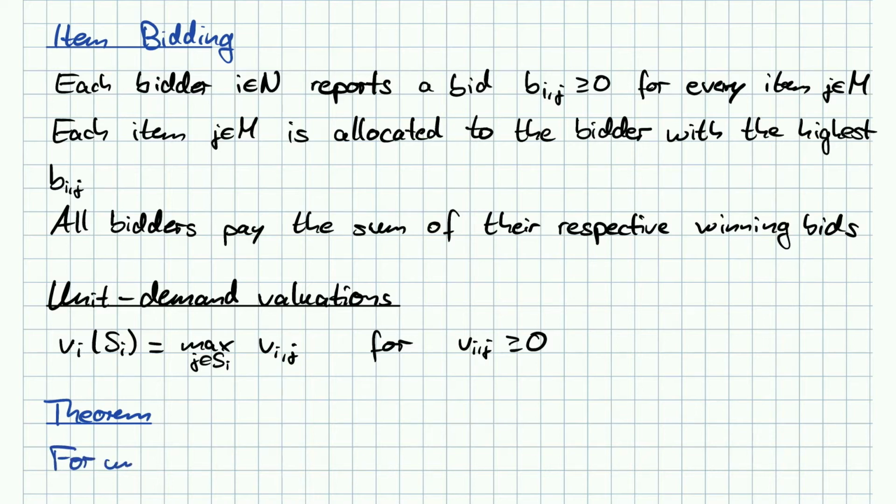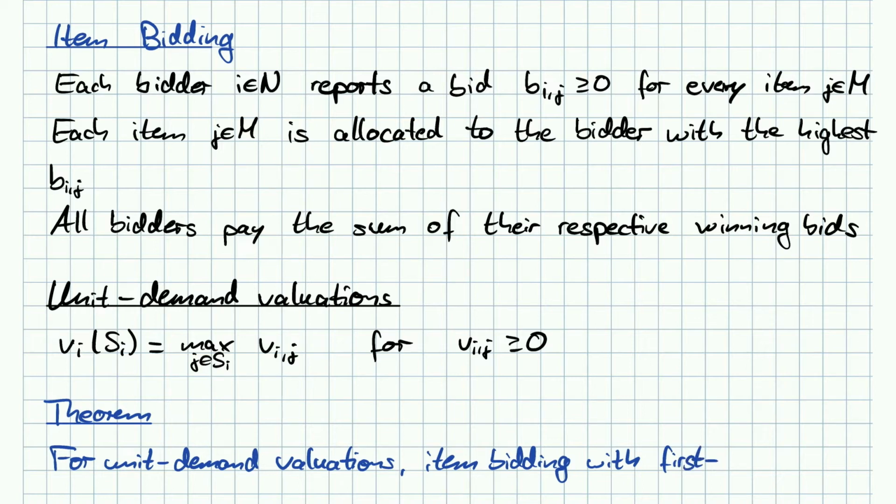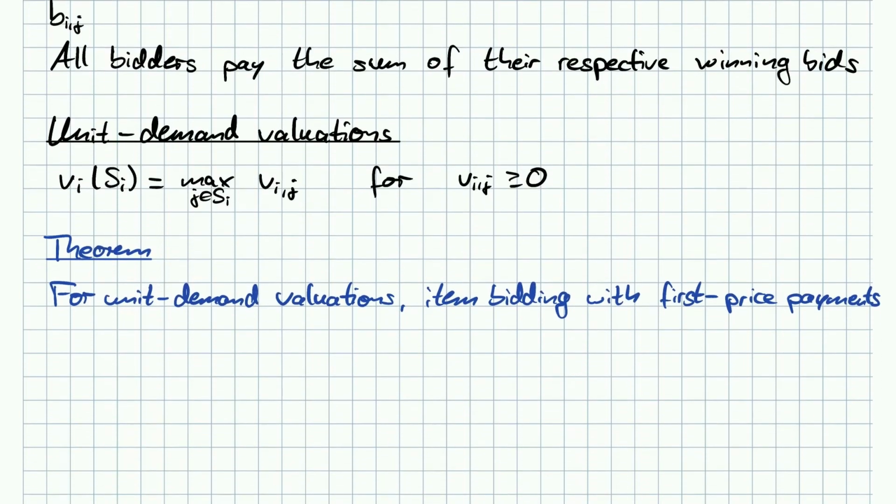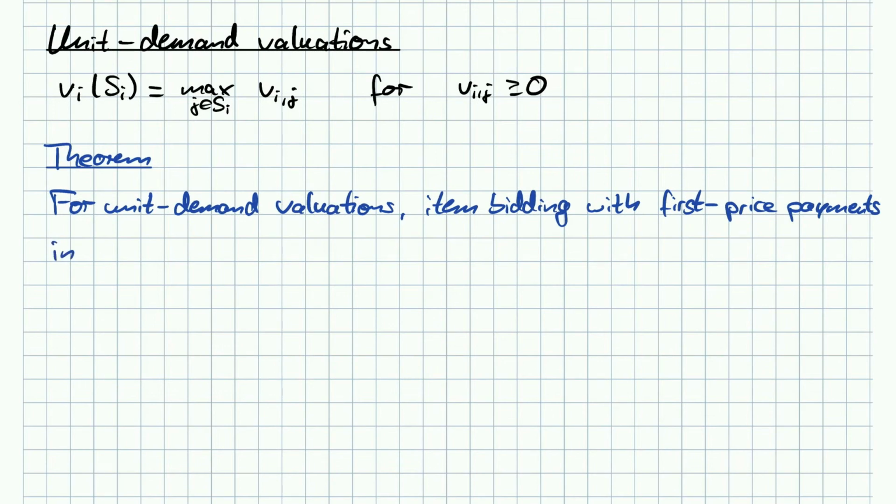For unit demand valuations, item bidding with first price payments is (1/2, 1)-smooth.